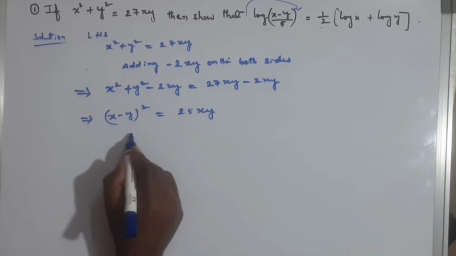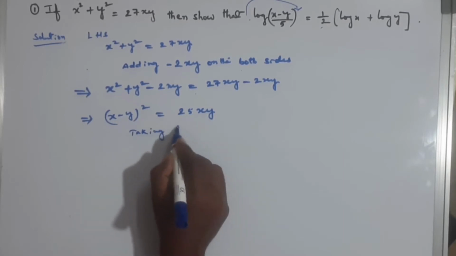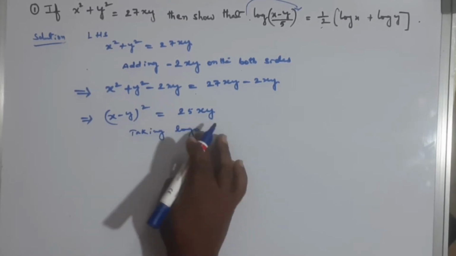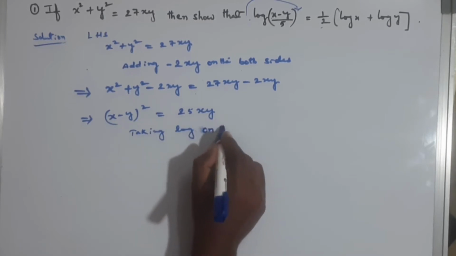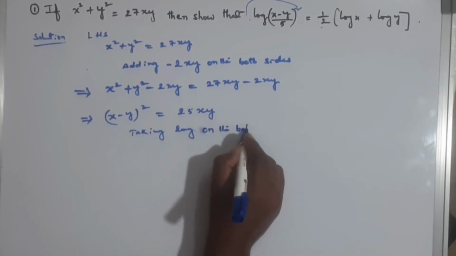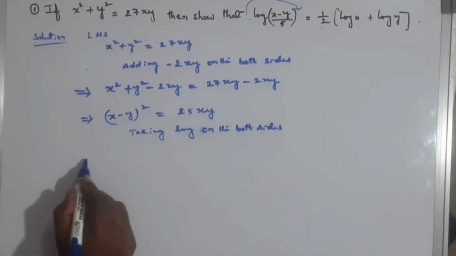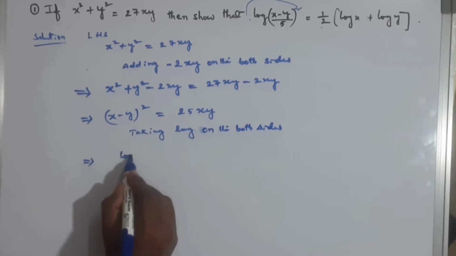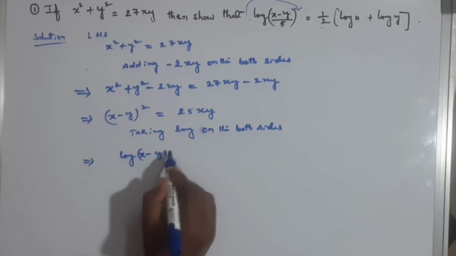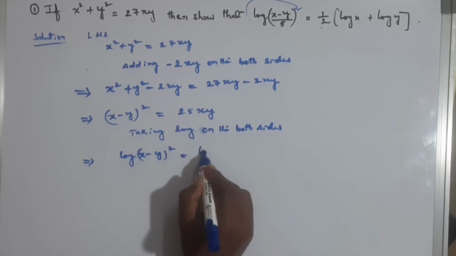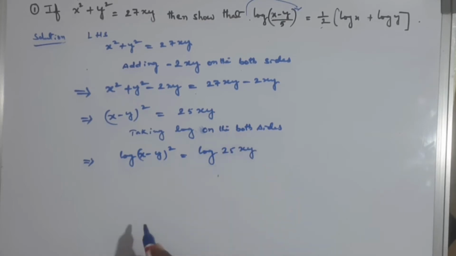Okay. Now taking logarithm on both sides, which implies log of (x minus y) whole square is equals to log of 25 into xy.